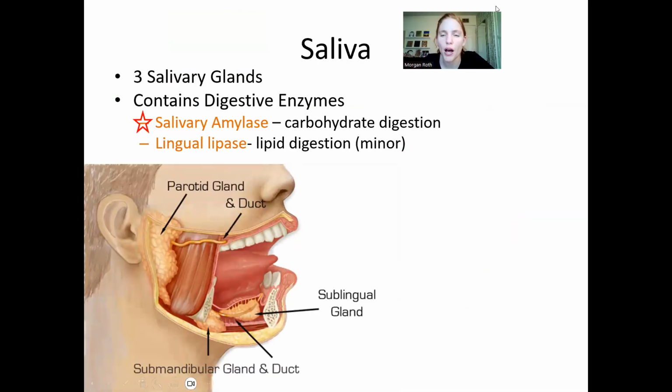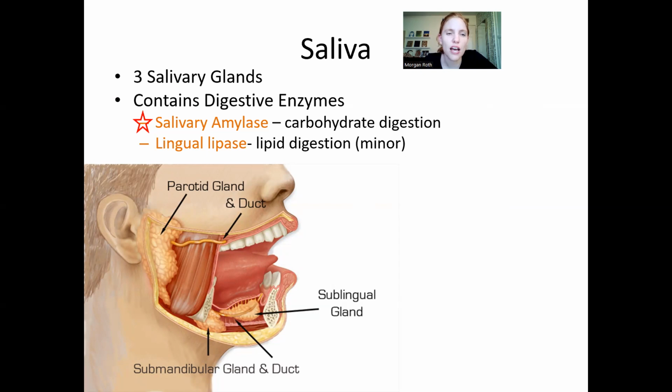So in our mouths, we have 3 salivary glands that are going to secrete saliva into our oral cavity. The 3 glands are the parotid gland, the sublingual gland, and the submandibular gland. You probably learned that in anatomy. I am not going to directly ask you any of those names, but those are the ones we're talking about. These 3 glands secrete a watery solution into our mouths that we call saliva.